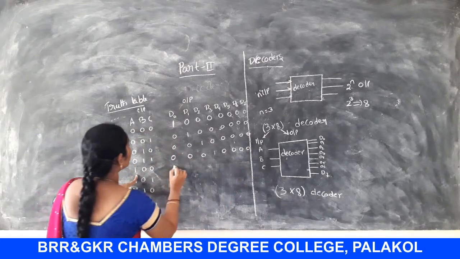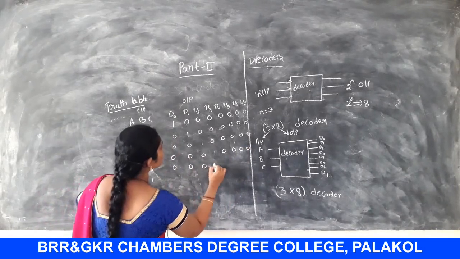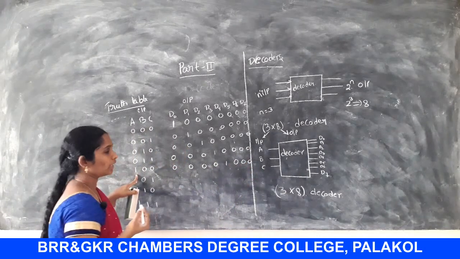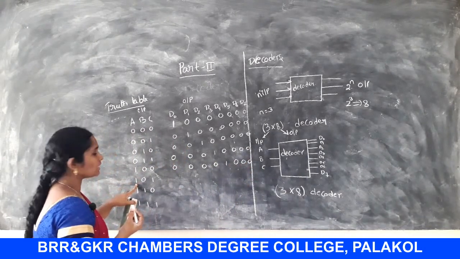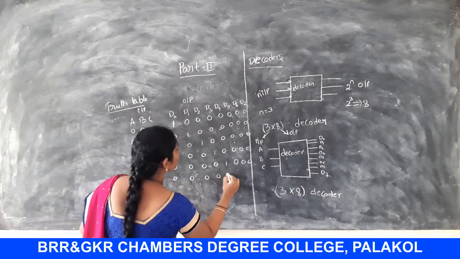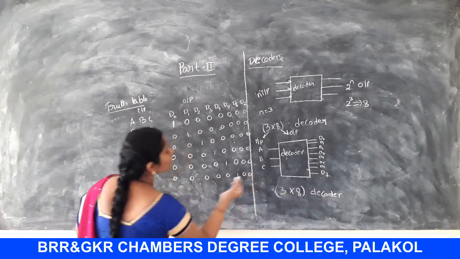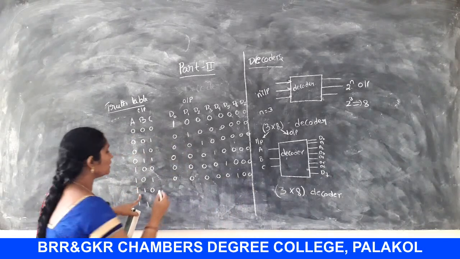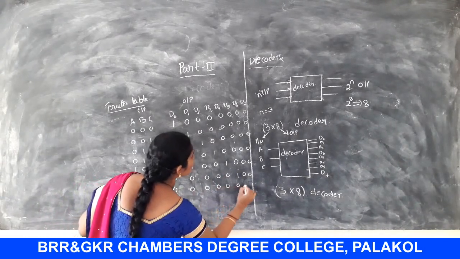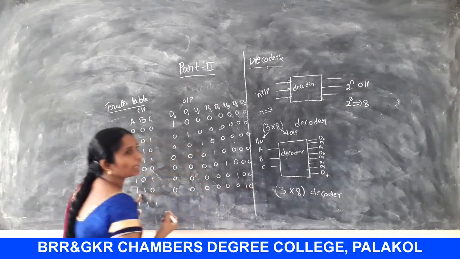Next one is 4, so D4 is 1 and the others are 0. Next one is 5, so D5 is 1 and the remaining are zeros. Next one is 6, so D6 is selected and the others are 0.